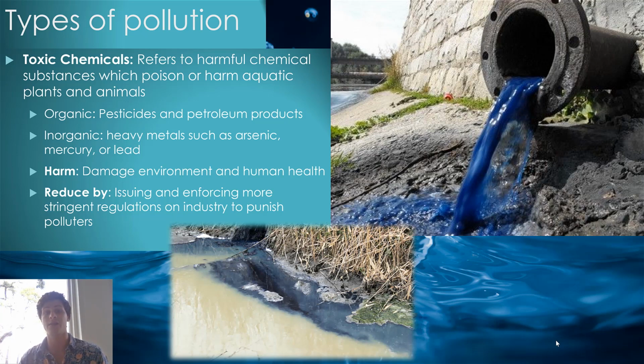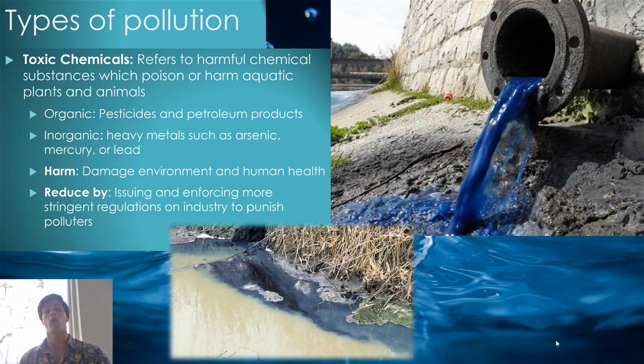These are pesticides or petroleum products that can disrupt different forms of biological processes happening within organisms. They can be inorganic toxic pollution. So this can be things like heavy metals such as arsenic, mercury, or lead, and they can have a variety of different consequences. They can damage environmental health, they can damage ecosystem health, they can wreck biological organisms, and they can impact human health.